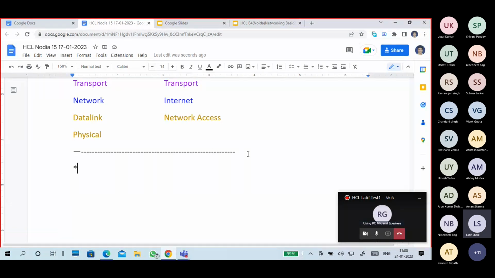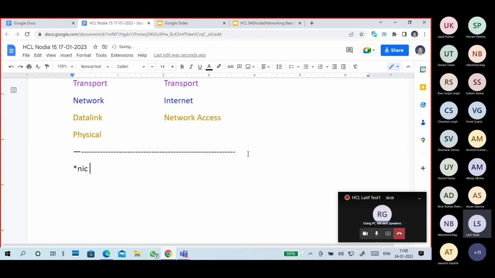Because the network layer gives IP addresses, right? Network layer deals with routed and routing protocols also. So what is the router doing? It is understanding IP addresses, packet switching, and routing. That's why these are the examples. So physical layer hub, data link layer switch, network layer router.